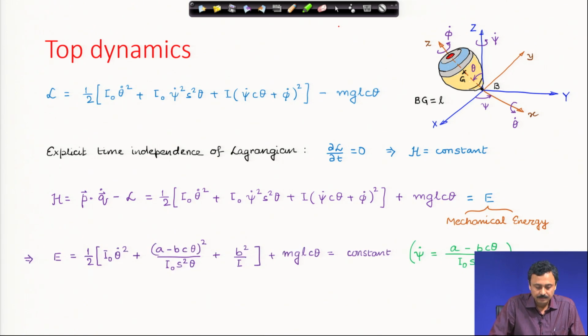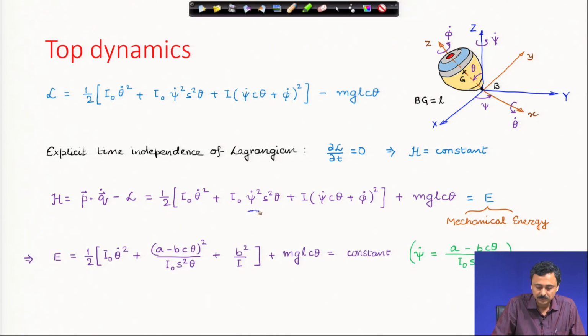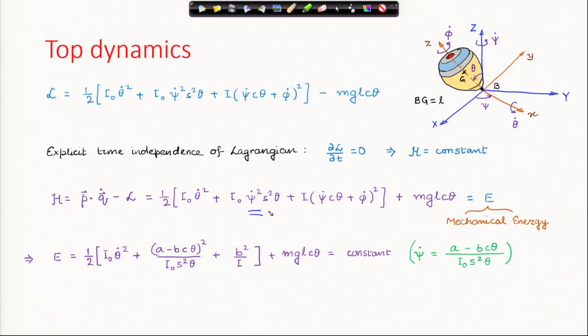Here I can replace the psi dot which I found just now, and obtain this expression. Now, you will also notice that this term b squared by I is also constant, b is constant of course, and I is also constant in this frame.